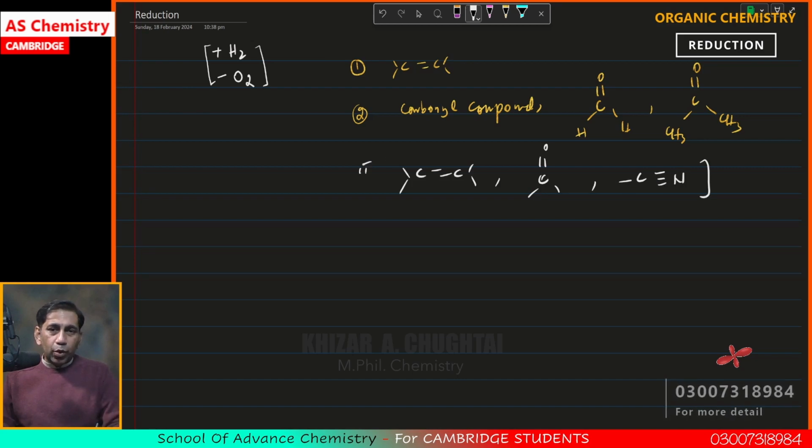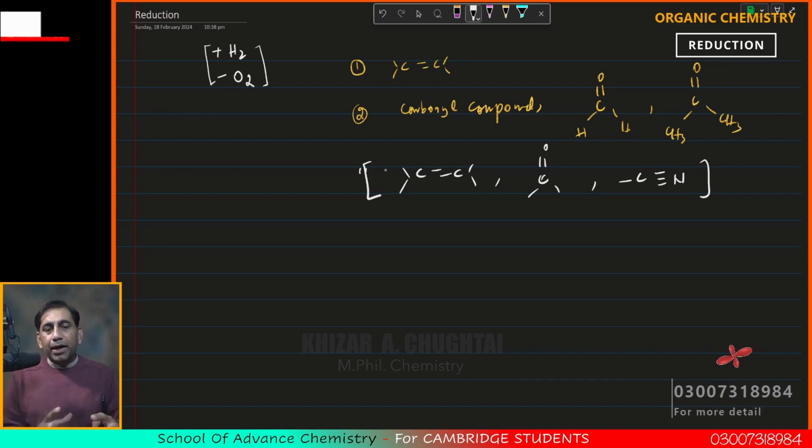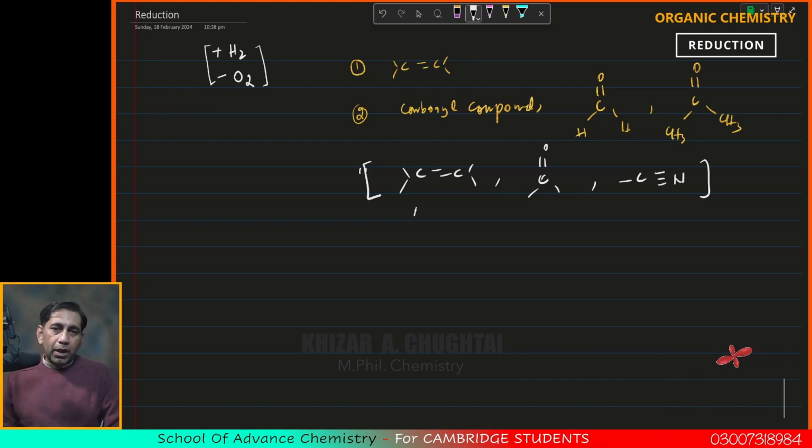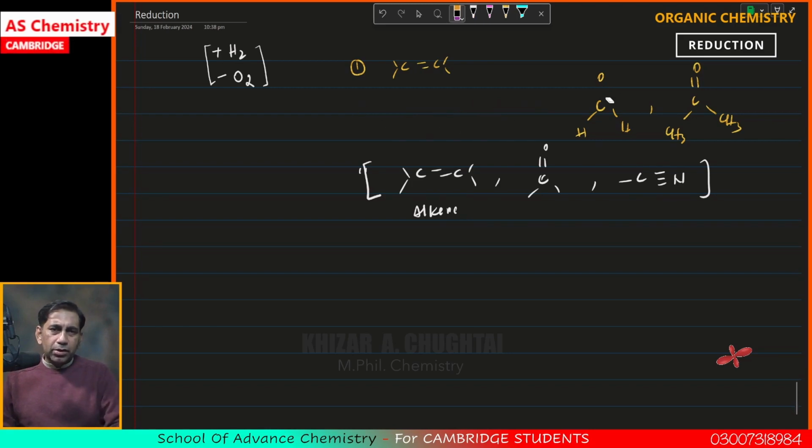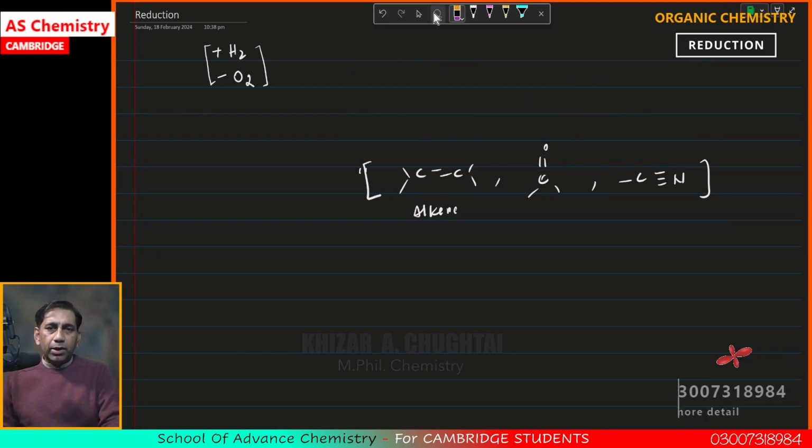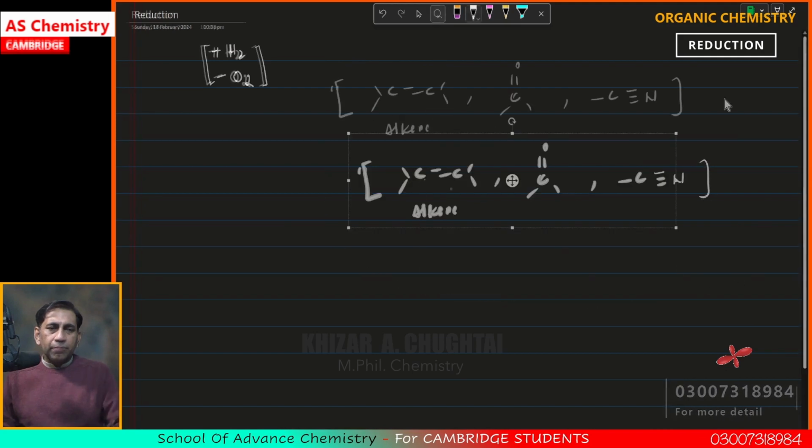So generally, overall, these three types of compounds can be reduced. It's not necessary to memorize the specific names, but you will have to memorize the general names.